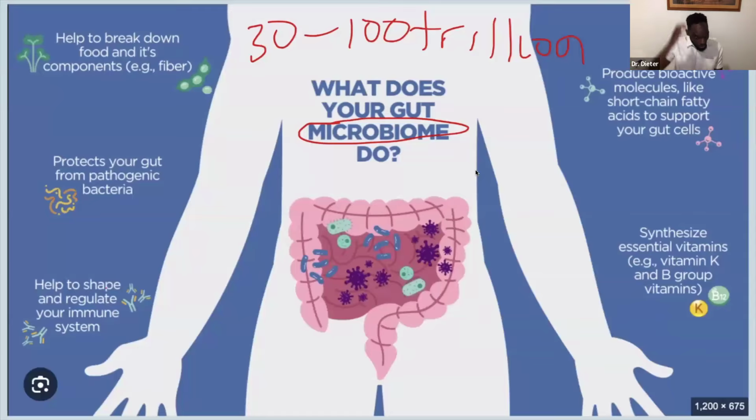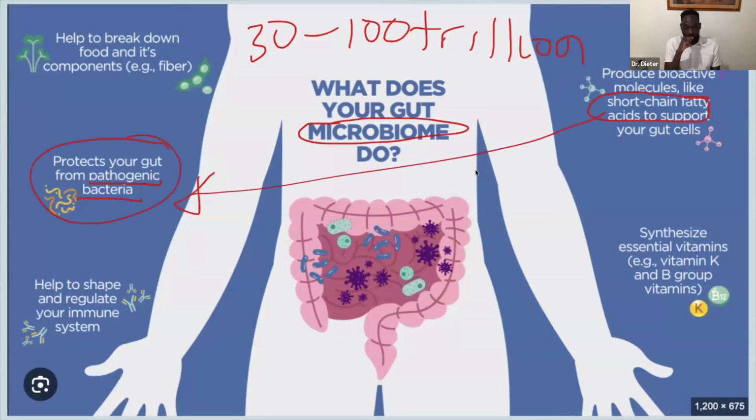I want to highlight some of the important functions of these bacteria. The first of which is to protect us from pathogenic bacteria. They protect the gut from pathogenic. Pathogenic just simply means disease causing. How do they do that? They do that by producing a very special short chain fatty acid, which helps to provide this function.